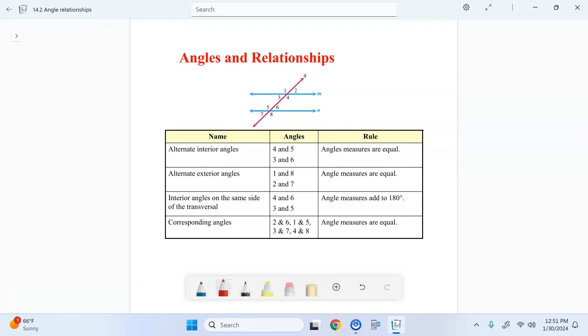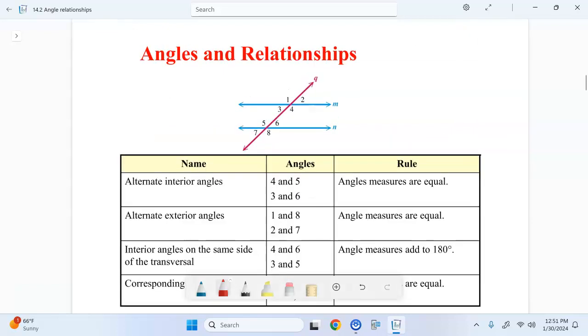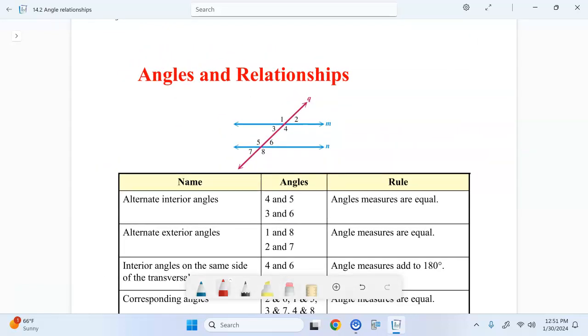We talked about one. And then corresponding. It's the last one. Corresponding is when you look at the two vertices, any angle that's in the same position. So the top right angles are corresponding. The bottom left angles are corresponding. The bottom right angles are corresponding. The top left angles are corresponding. Those will be congruent.